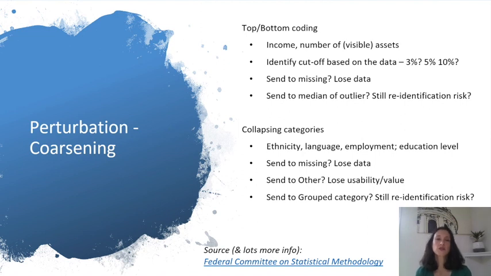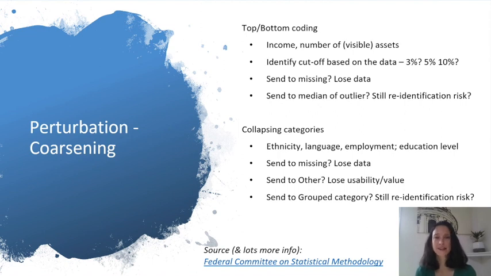And in addition to treating the top and bottom coding, think through collapsing categories. So for a lot of survey work, looking at survey responses where there are pretty unique responses and very few observations of a particular response, collapsing those into bigger categories. Of course, if they get collapsed into bigger other categories, sometimes that really reduces the usability of the data.